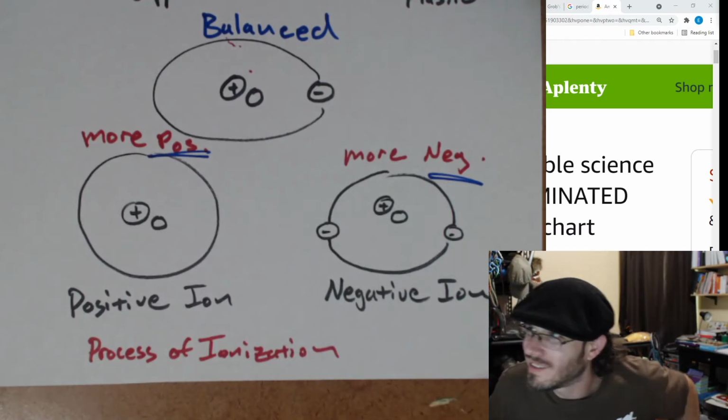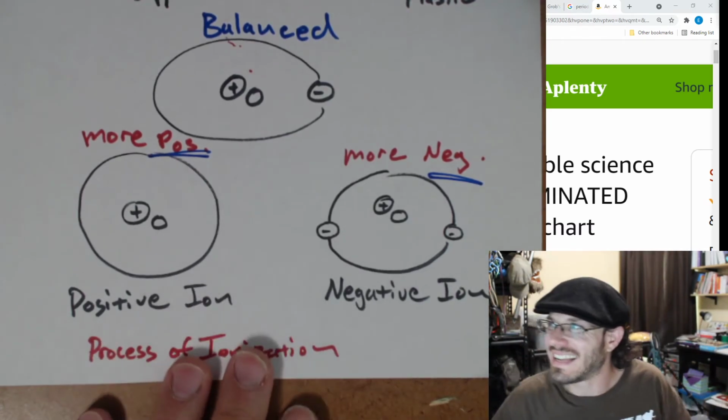Okay, how do we do this? How do we cause ionization to happen?